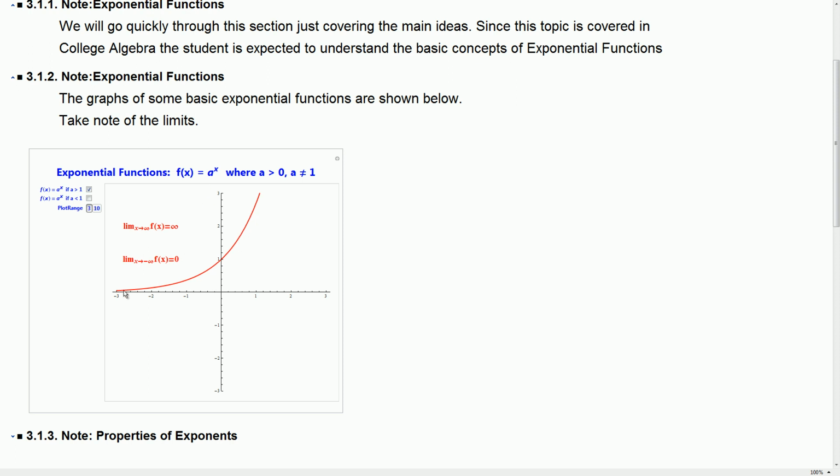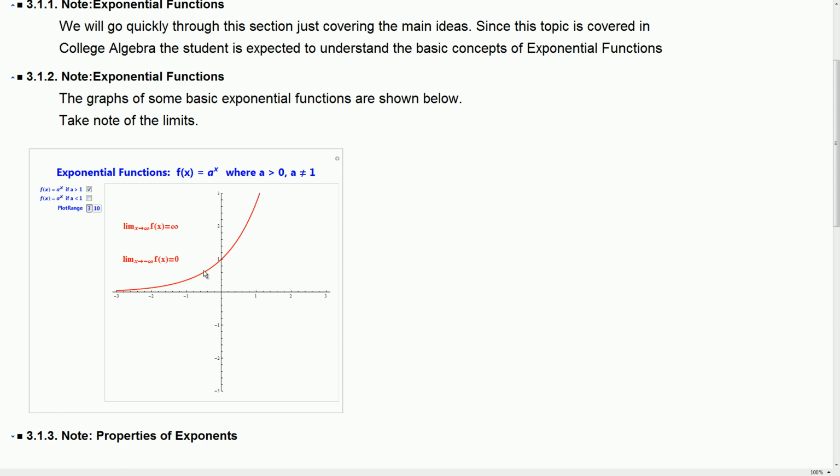So what we're looking at here is the graph of a to the x whenever our a is bigger than 1. If the base is a number larger than 1, then your graph will increase all the time. As x approaches infinity, the limit goes to infinity also. As you go out to the right, the graph goes up to infinity forever.